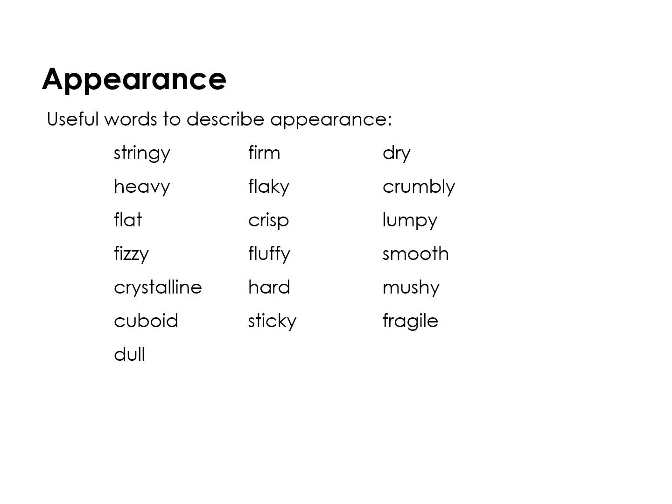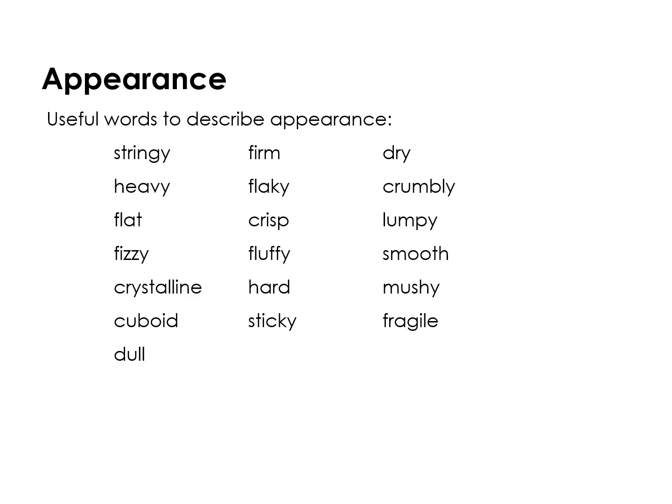So, crumbly. Crumbly means a food that easily breaks into small pieces or crumbs, like a shortbread cookie. Flat. A food that is thin and lacks volume or height, such as a pancake or flatbread.